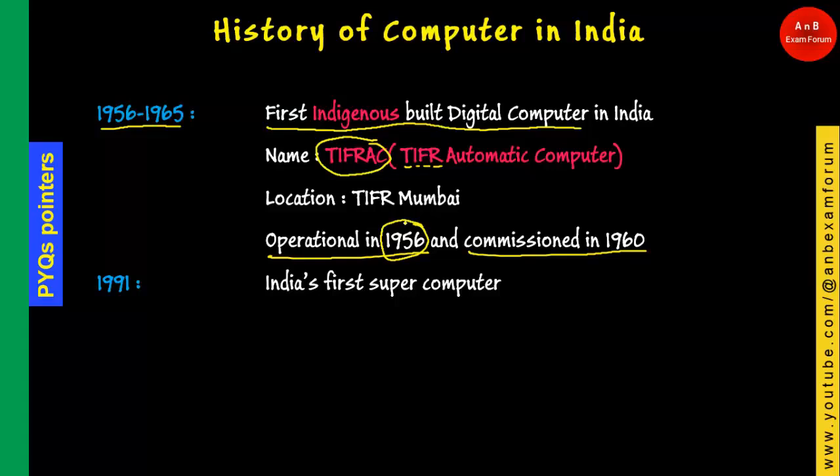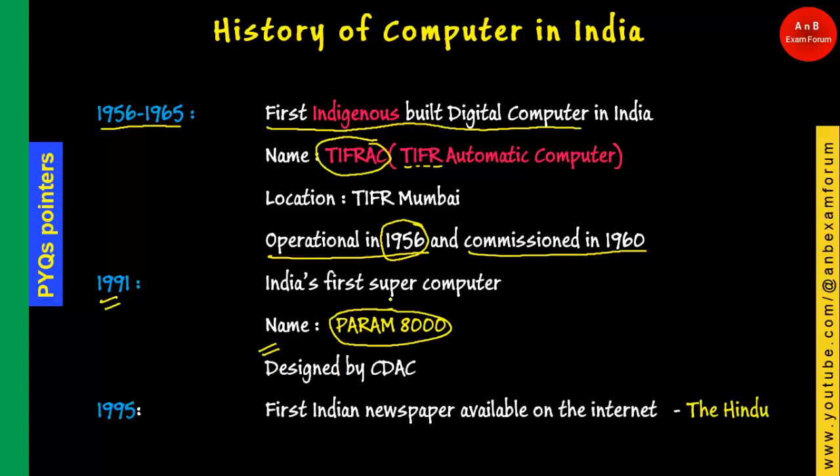In brief, it has high power, which means it can do a lot of calculations in microseconds, in fact nanoseconds. In 1991 the first supercomputer was made, and generally in exams the name is asked. So just remember the name: it is Param 8000, the first supercomputer, and the credit goes to CDAC.